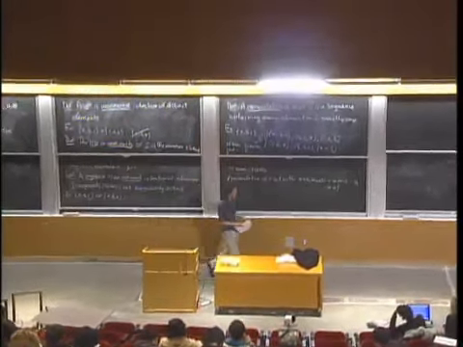Okay, so the definition of a function is as follows. A function f from x to y is actually a relation between the sets x and y, with the property that every single element of x is related to exactly one element of y.